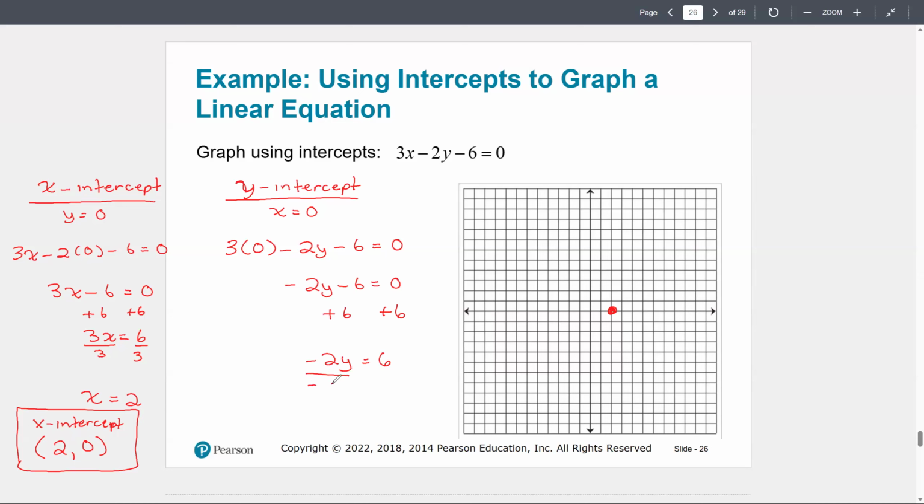If I divide both sides by 2, I'm going to end up with y equal to 3. So that means my y-intercept is going to be the point 0, 3.